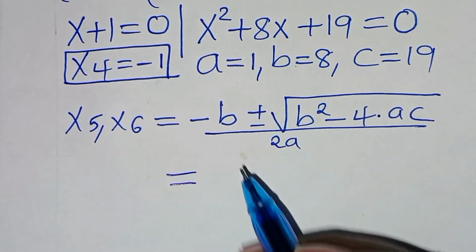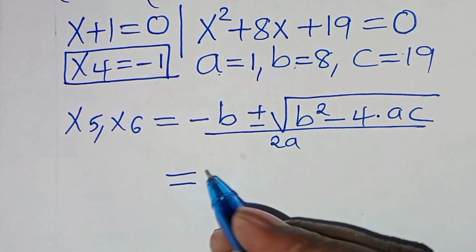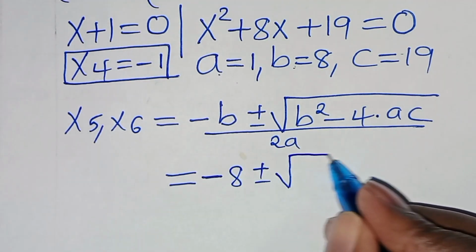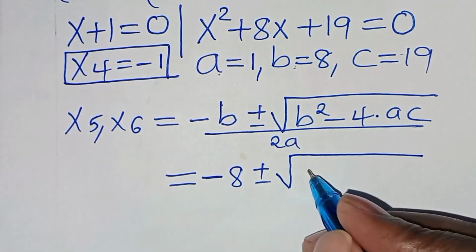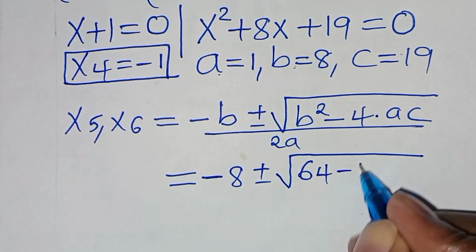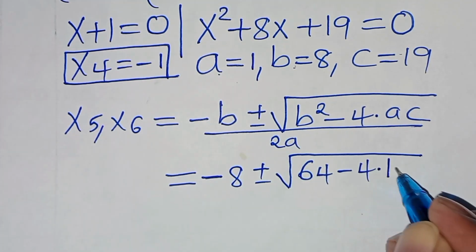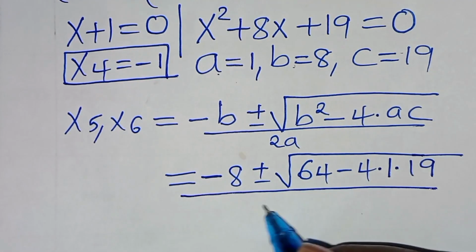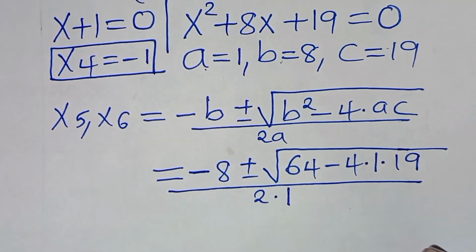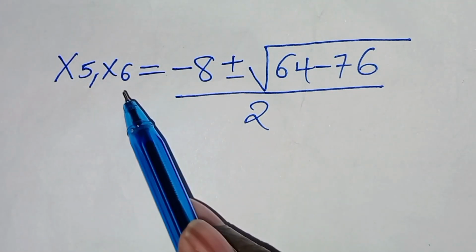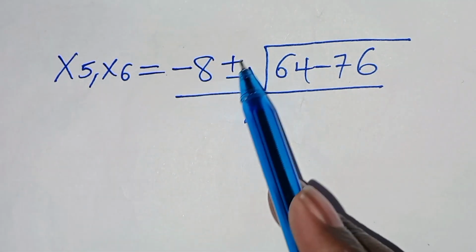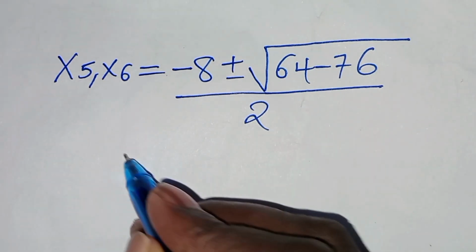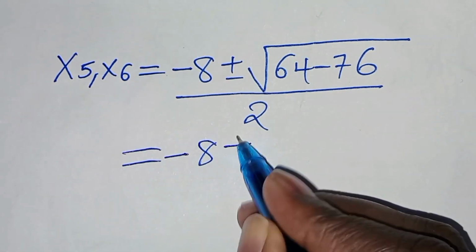Substituting the values of a, b, and c, we have minus 8 plus or minus the square root of 8 squared, which is 64, minus 4 times 1 times 19, all divided by 2 times 1. So x5, x6 is equal to minus 8 plus or minus the square root of 64 minus 76, over 2.